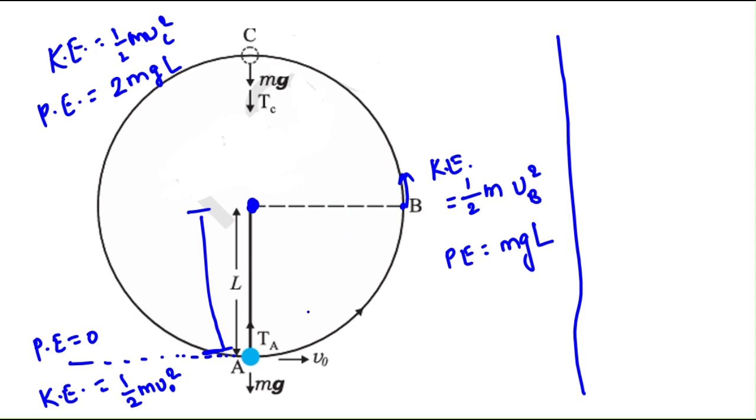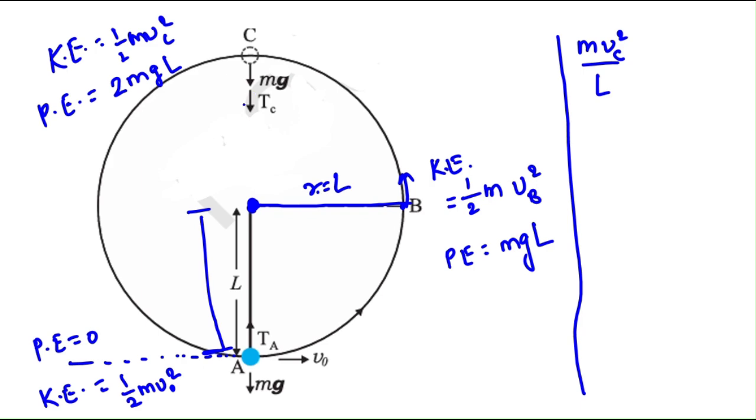That centripetal force is mv square divided by r, which is the radius, and here r is L. Let's say at point C, it has a centripetal force of m vc square by L, and this centripetal force is coming from this mg, the gravitational pull, which is pulling it downward.